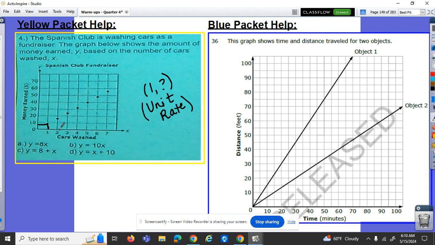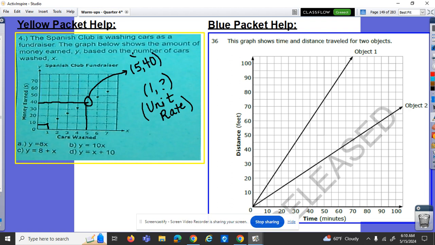So we're going to look for a dot that's a little bit more in the crosshair, so to speak, in an intersection. So if you look at all these dots, the best dot to choose is going to be this one right here. 5 cars washed equals $40. So remember our trick.